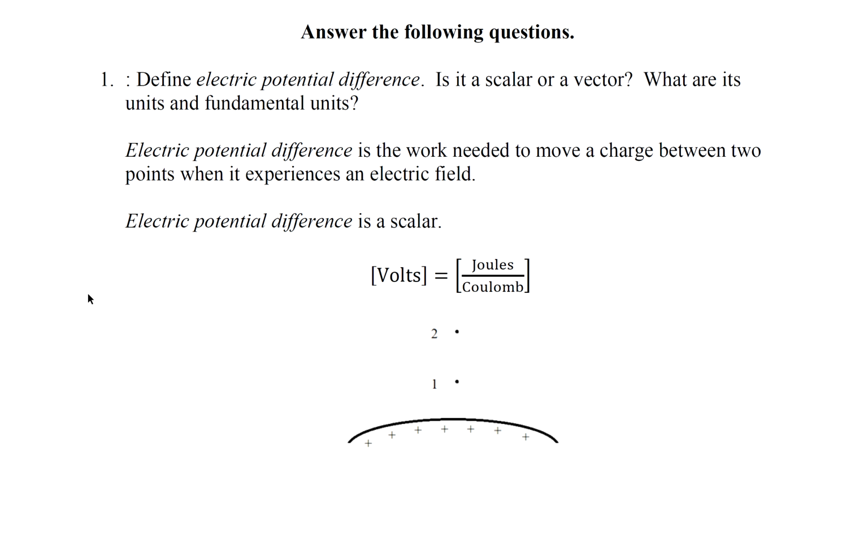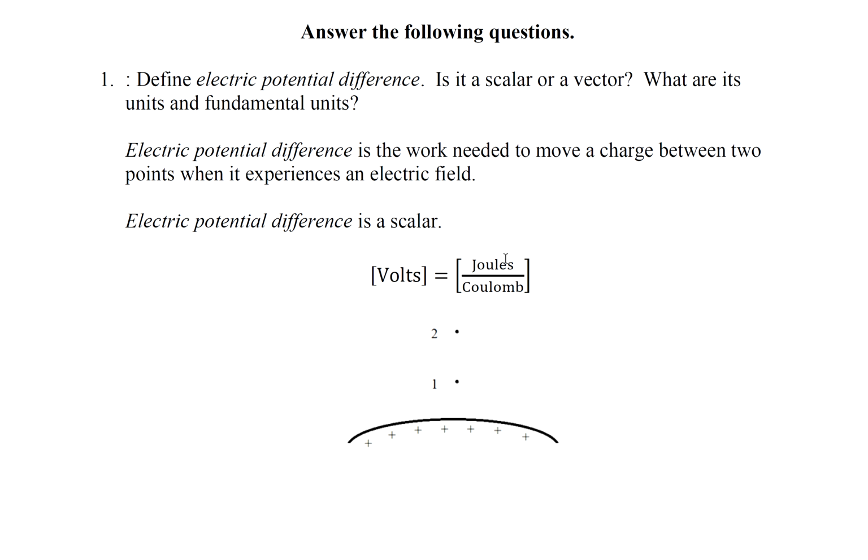Electric potential difference is the work needed to move a charged object between 2 points when it experiences an electric field. So electric potential difference is a scalar. It has units of volts or joules over coulombs.